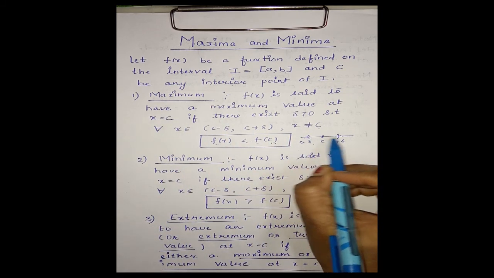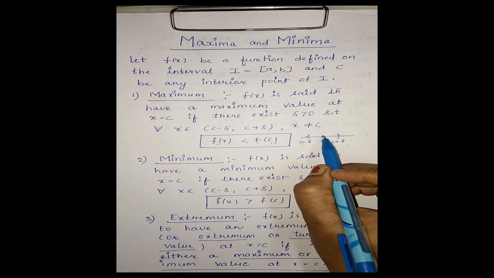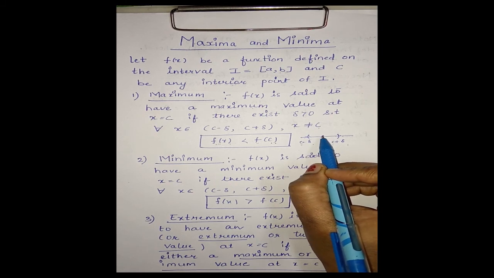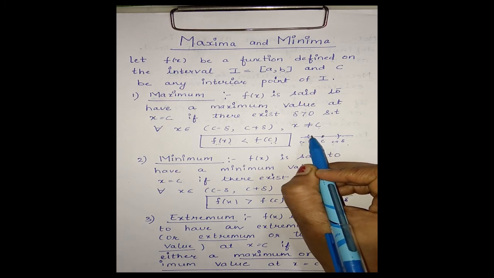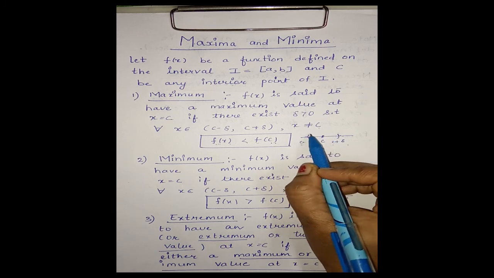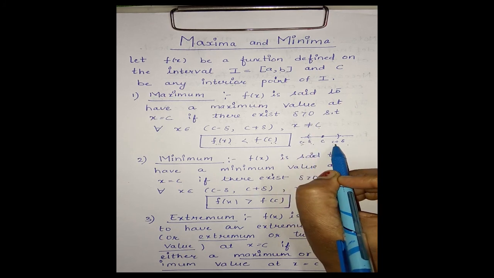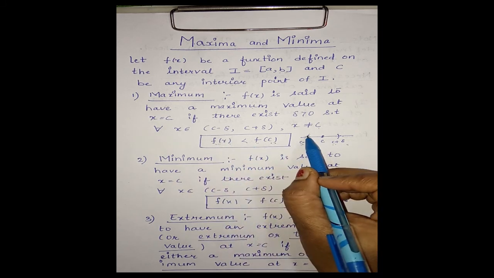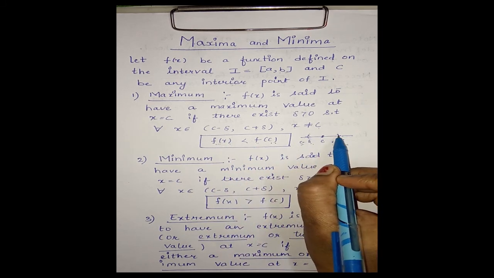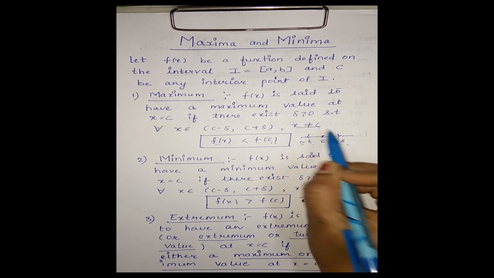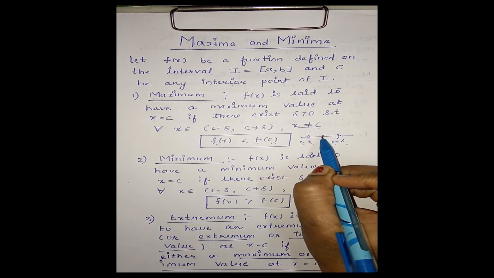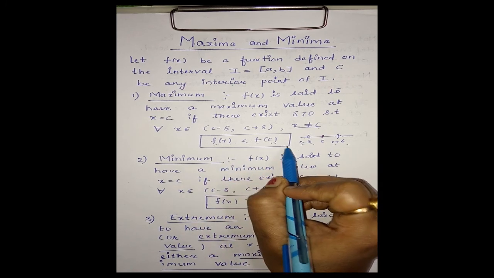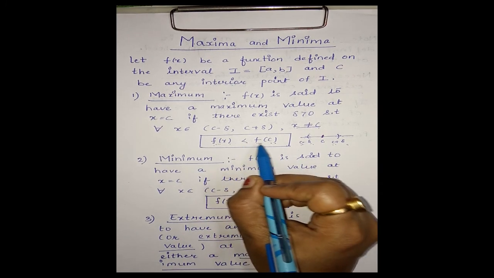Means here we have a point c and we have to check its maximum at the point c. Then f(x) is said to have a maximum at x equals c if there exists a neighborhood around c, (c minus delta, c plus delta), where delta is any small positive number such that for every x in this neighborhood, where x is not equal to c, except at this point x equals c, we have this inequality f(x) is less than f(c).